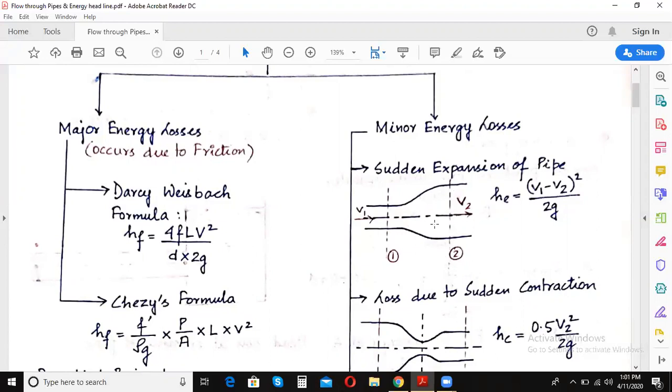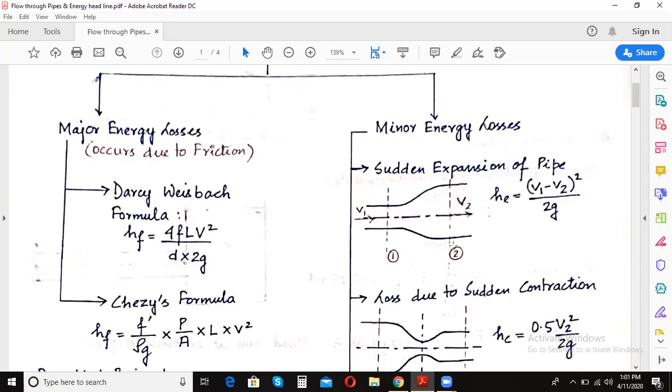Now, suppose I mark this smaller cross section as section 1, and the larger cross section as section 2. The velocity of flow through section 1 is v1, and obviously due to the expansion in the pipe, the velocity will change.